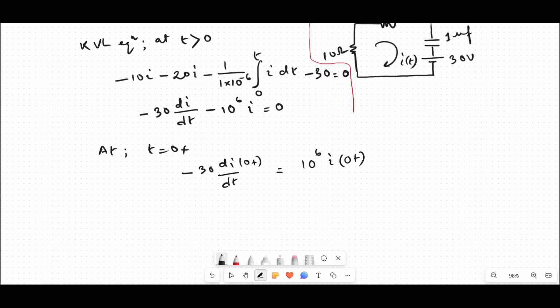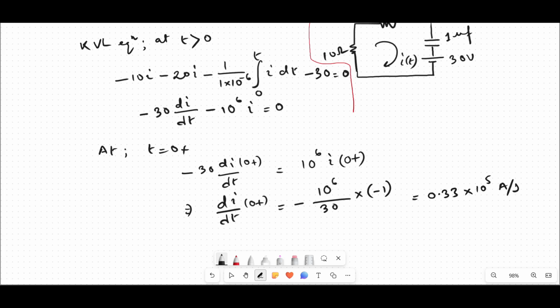As we know the value here, di/dt at 0 plus will be 10 to the power 6 divided by 30 multiplied by the value of i at 0 plus, which is minus 1. So after evaluating, we get the value as 0.33 into 10 to the power 5 ampere per second.